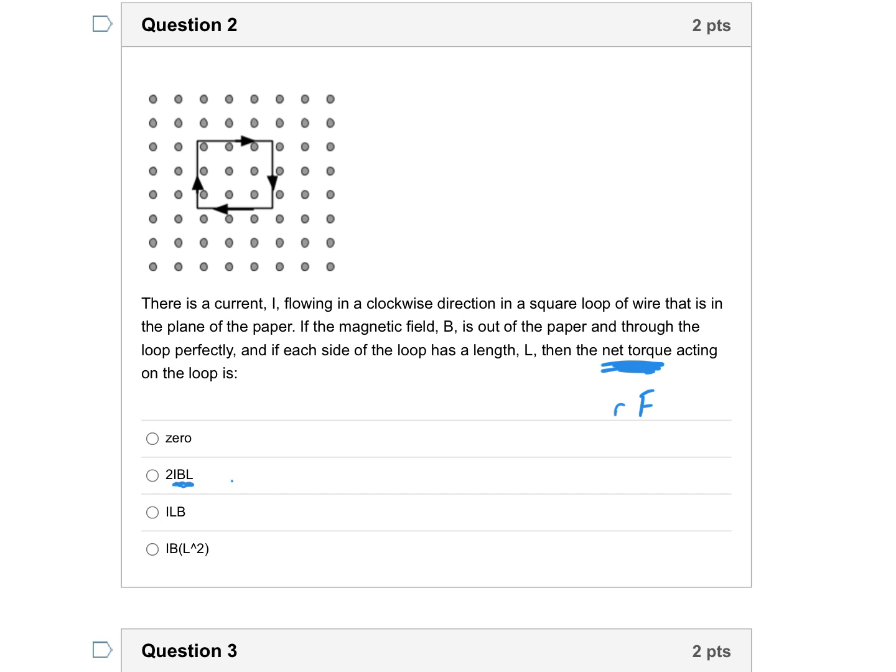So this one has units of force, so it cannot be that one. And for ILB, same issue, units of force. Finally, the last one is IBL times L. Therefore, this one actually does have units of torque.